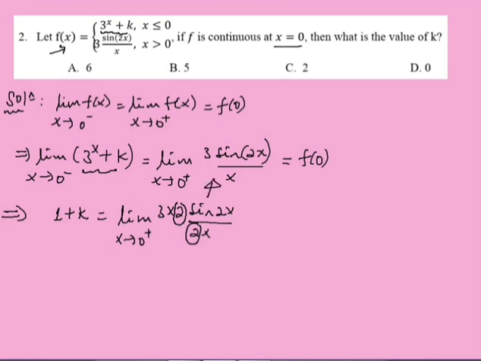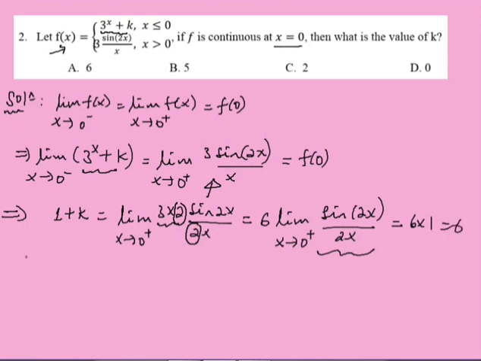But technically, you can make it like this. So this is the same as 3 times 2, which is 6, times the limit of sine 2x over 2x as x approaches 0 from the right. This is basically 1. So 6 times 1, which is 6. Now 1 plus k is equal to 6, which implies k is 5.